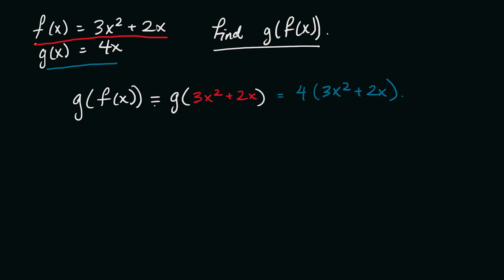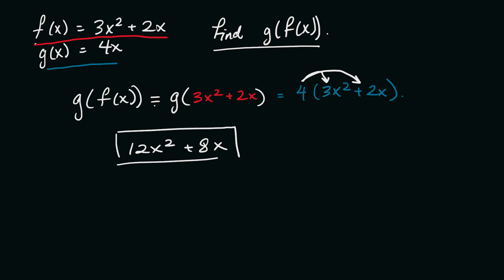And once you simplify this by distributing the 4 to the terms, we get 12x squared plus 8x. And that is our final answer for g of f of x. So it wasn't that bad. Of course, do more problems with these and try them out.